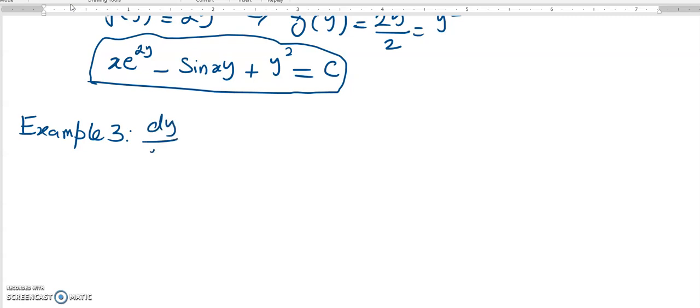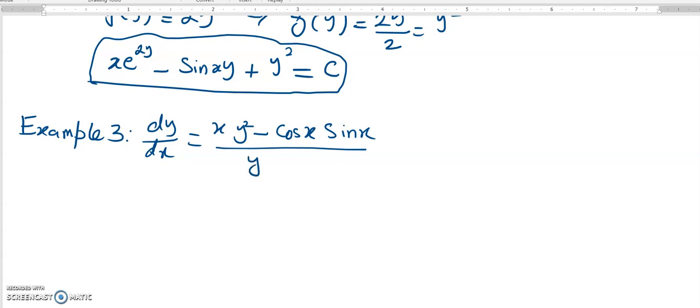So if dy over dx is equal to x y square minus cosine of x sine x divided by y into 1 minus x square, then solve this initial value problem, y of 0 is equal to 2.